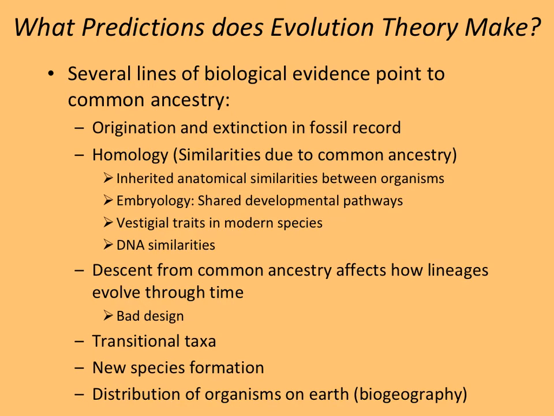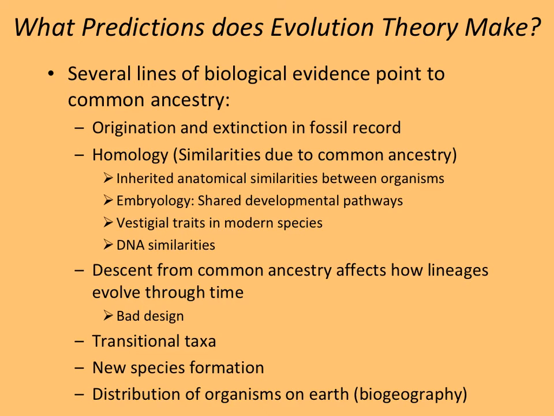And we know this because these are the kinds of things we see. We inherited anatomical similarities between organisms, like all the tetrapods have 4 limbs, even the ones that have lost them, like snakes. If you actually look at their skeleton, you see there's often still hips and legs and arms there, but they've all been reduced.